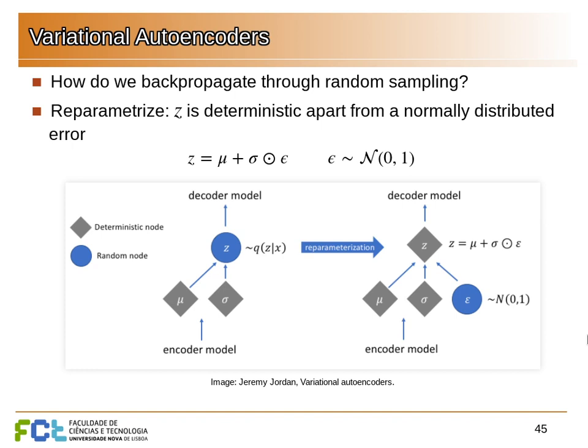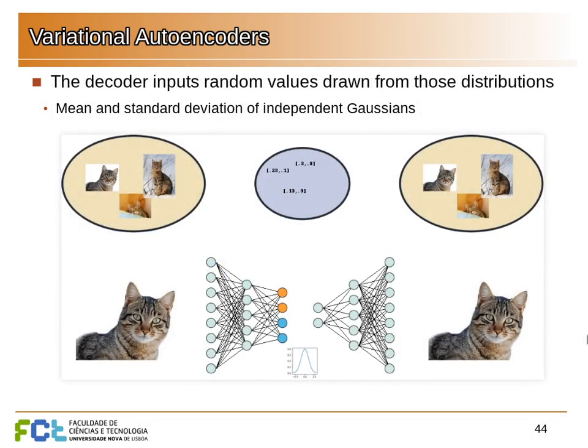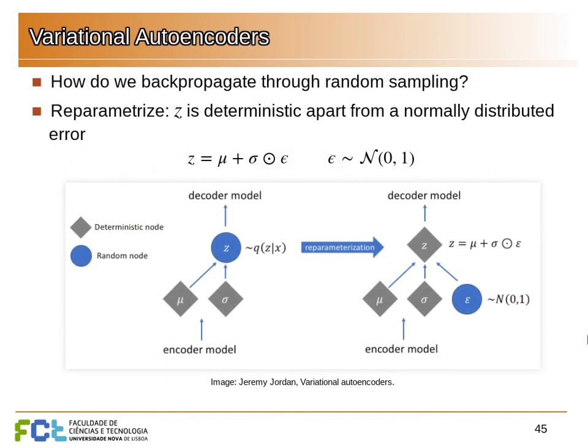Suppose that the value that we are putting here on the decoder, so this value that enters here, is simply the mean value here plus the standard deviation multiplied by something. So this part here is deterministic.